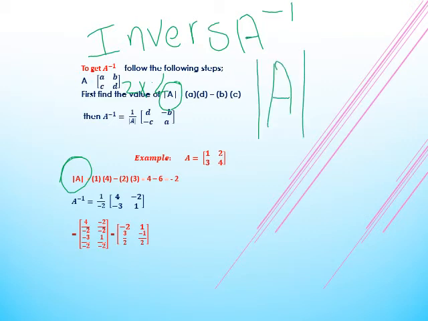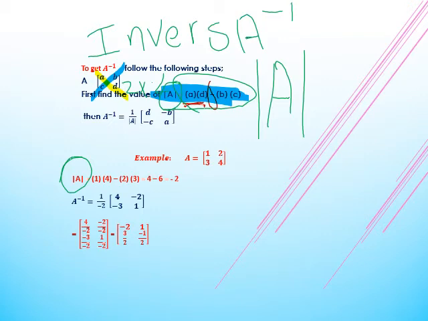This means the matrix determinant equals, take care here, A times D, multiplied, then the negative sign, minus B times C. Again, to get the matrix determinant for a square matrix of size 2 by 2, we apply this rule: A times D minus B times C. So this is the determinant of A.